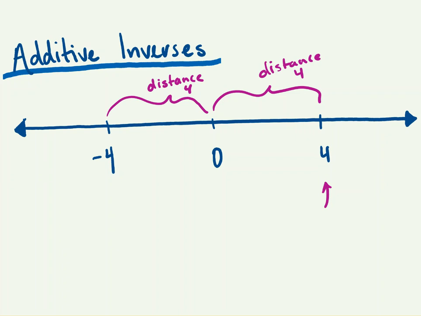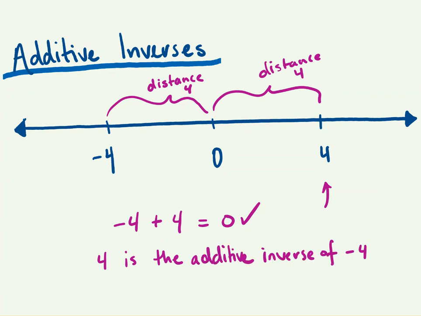And definitely, just from our addition facts that we learned as a child, -4 plus 4 equals 0. This is the definition of additive inverse, and it goes in both directions. 4 is the additive inverse of -4, and -4 is the additive inverse of +4.